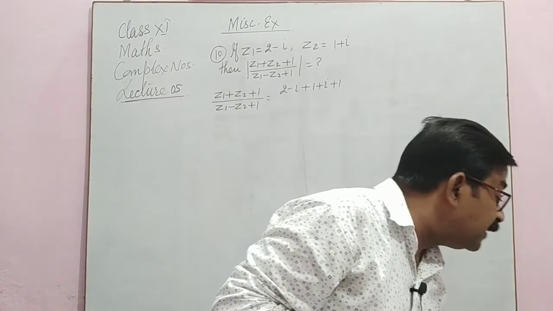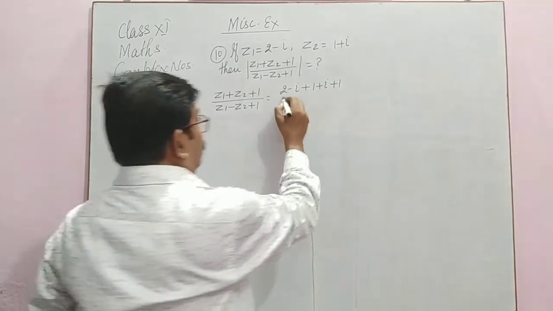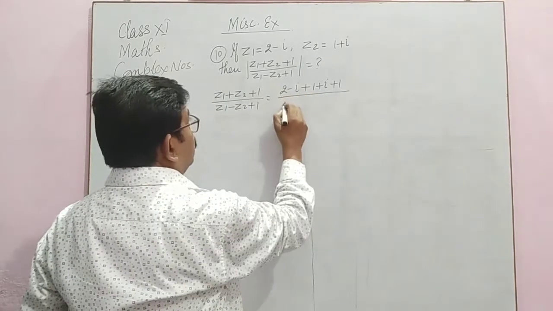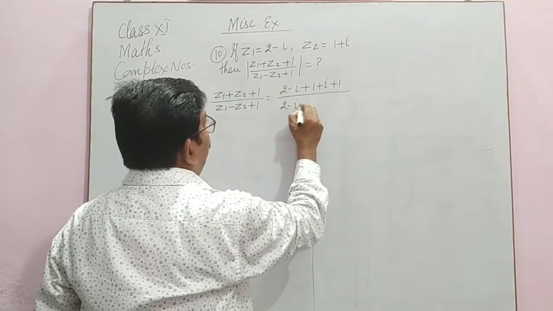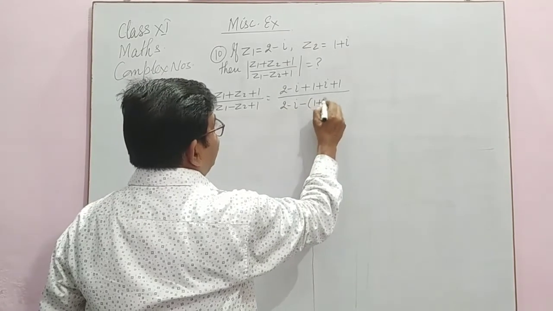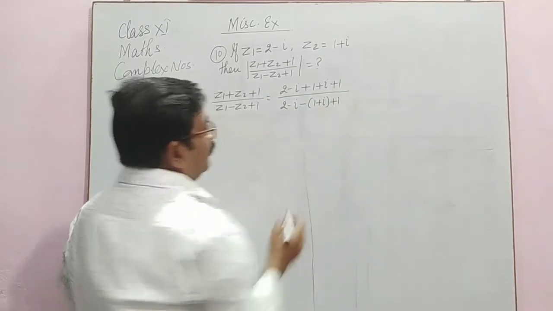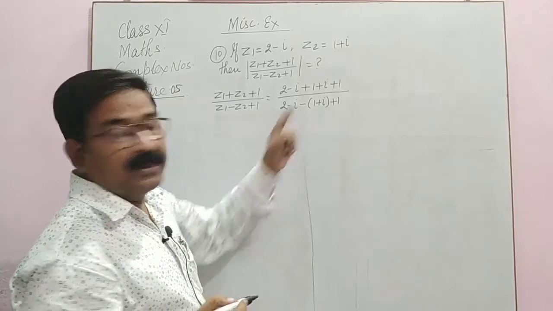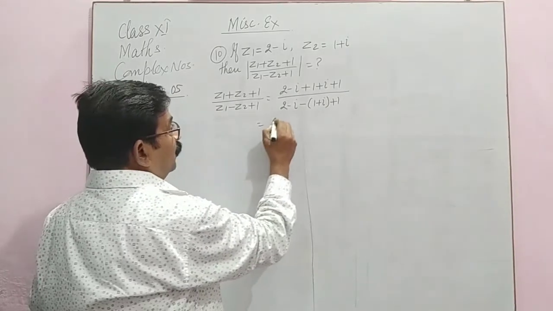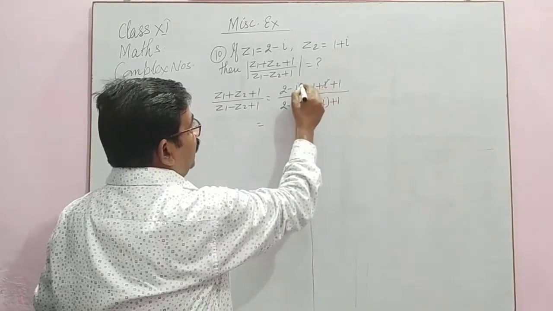Let me check once again. Yes. Upon, z1 is 2 minus i, minus z2, which is 1 plus i, plus 1. I have written in brackets so that the sign can be changed easily.